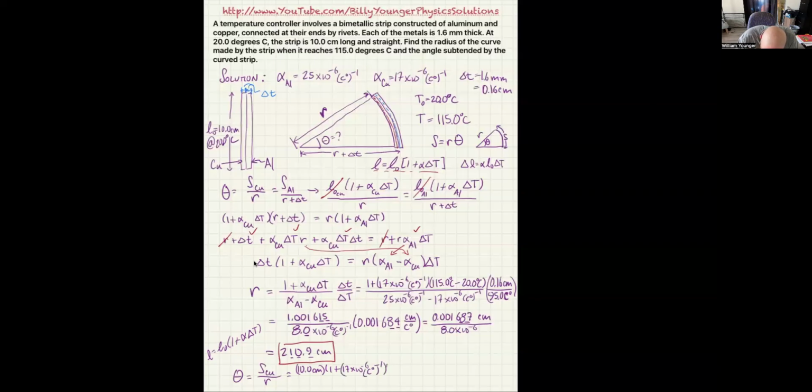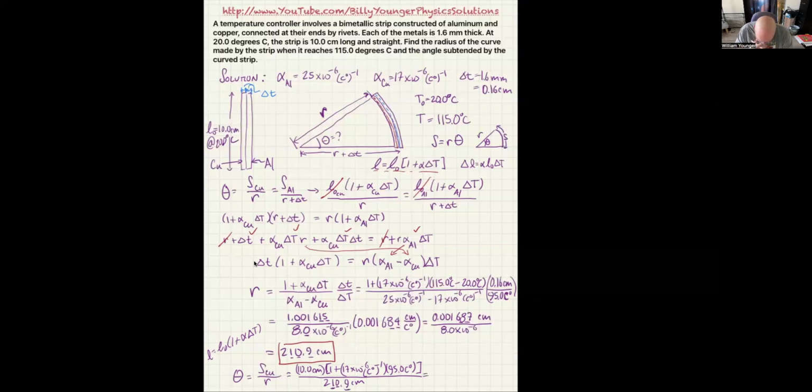That has to be multiplied by the 95.0 Celsius degrees. And then, of course, we can close off that with a square bracket, and then we divide all that by the 210.9 centimeters. Again, showing that the 1, the 0, and the 9 are not sig figs.